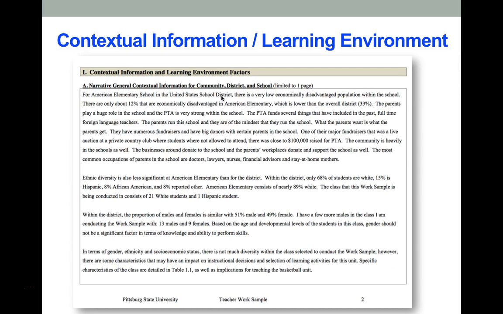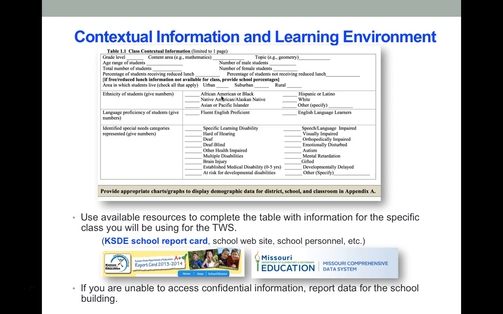Typically, a response in that small little box would expand like this, using different statistics from different sources, which we'll show you where to get in just a moment. But let's find out first what your contextual factor of the school and district is like. Then you're going to look at the factors in your classroom. Here it's a lot of times a count, that is, how many ethnic students do you have?